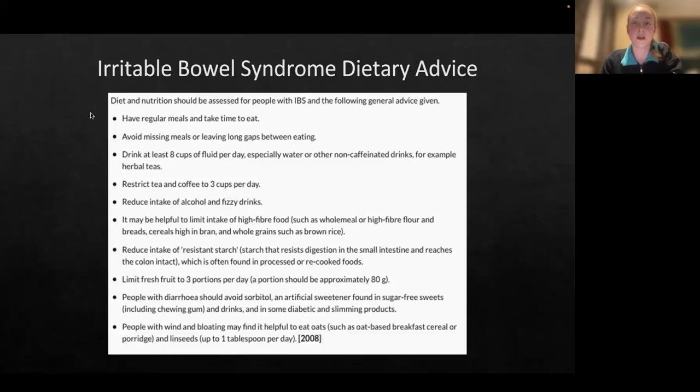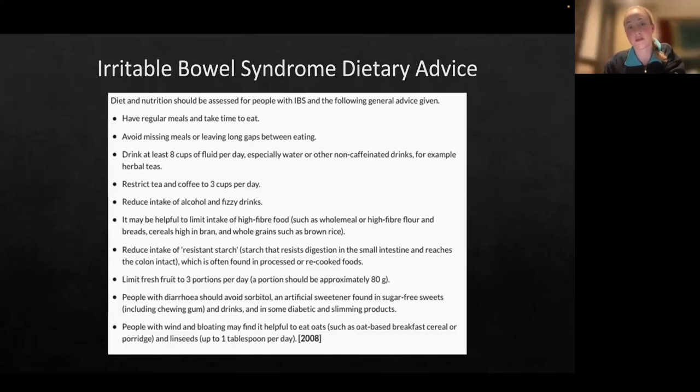Okay, and so in terms of dietary advice for IBS, dietary advice is really important and can make a really big difference to people. So you want to be telling them to have regular meals and avoid missing meals, and to try to eat multiple small meals a day. And drink lots of fluid, particularly water.